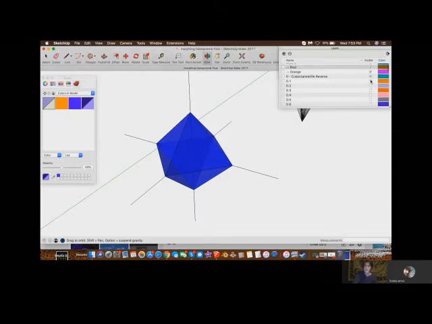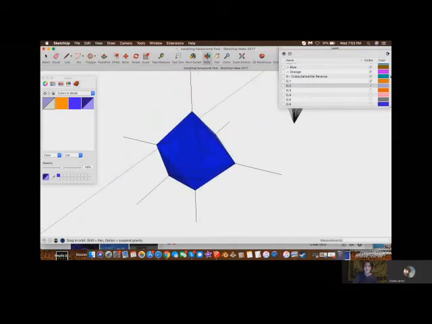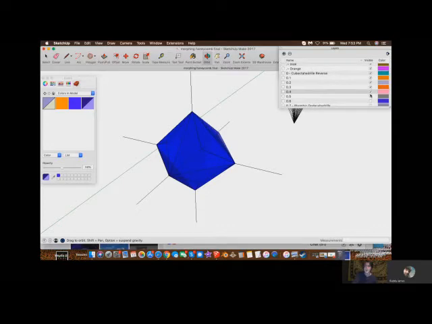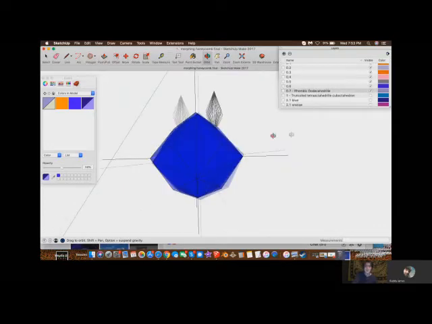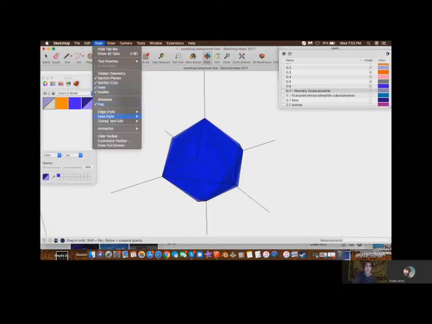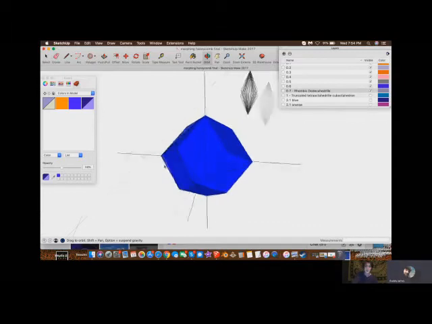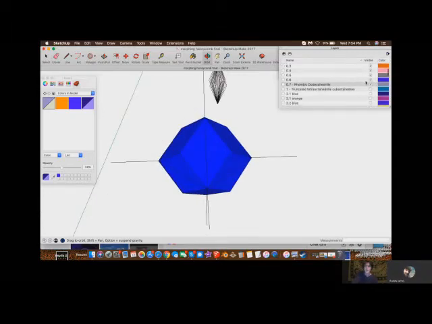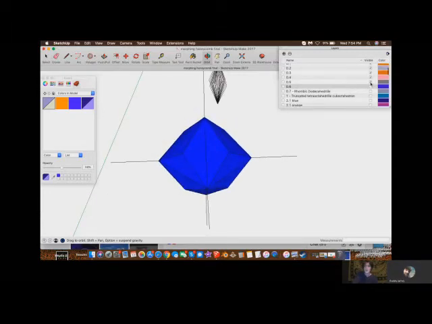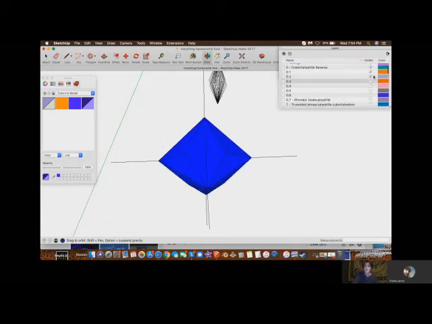And from it, I've been modeling how this is an octahedron and it's morphing into a rhombic dodecahedron. Here, I'll take off shadows. I mean X-ray. Yeah, there we go. The rhombic dodecahedron, and I'm going to animate this whole series.